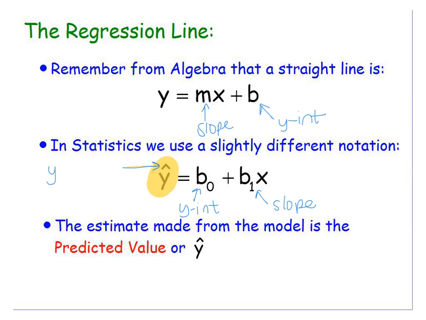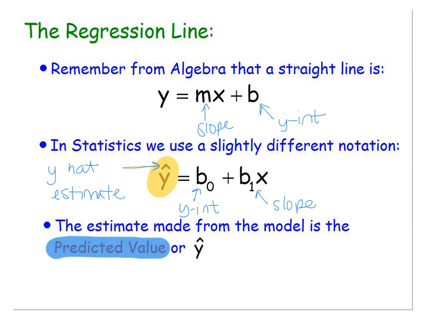We call that y hat, and it means that this is an estimate. It means that it is not an exact answer. It's just an estimation based on our data. So the estimate made from the model is what we call the predicted value. So anytime we make a prediction, we are finding a predicted value, and y hat is the fancy name for our predicted value.